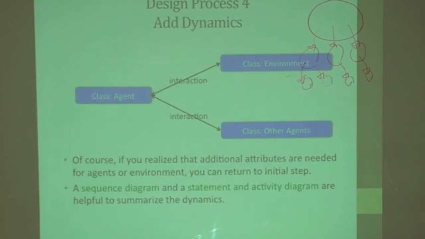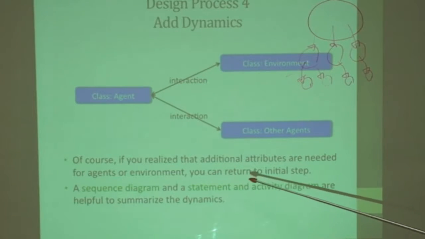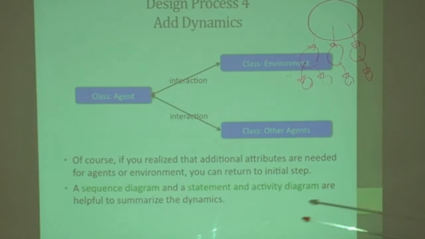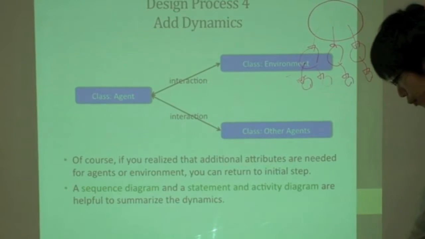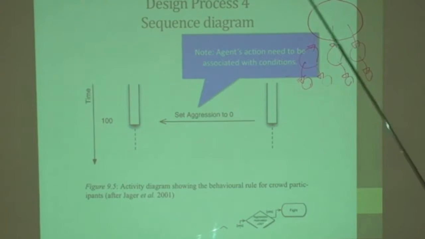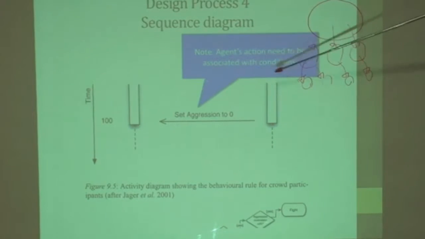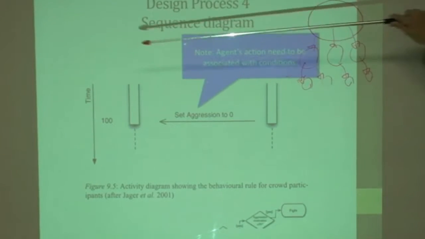And when adding dynamics, a sequence diagram and a statement and activity diagram are helpful to summarize the dynamics. What are these? First, what is a sequence diagram? You can see this part.